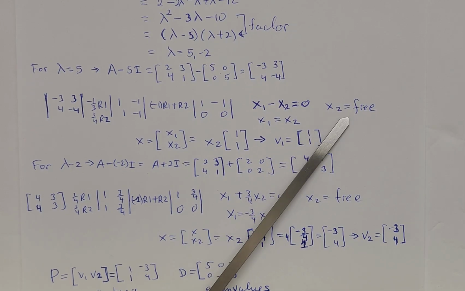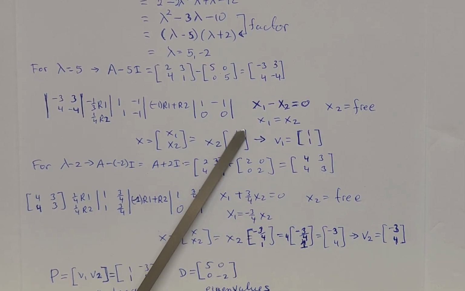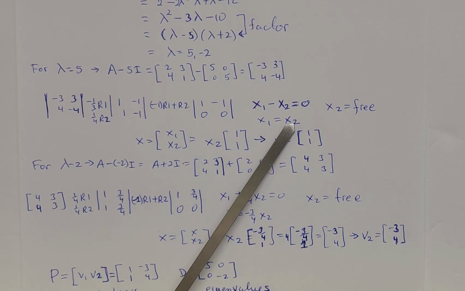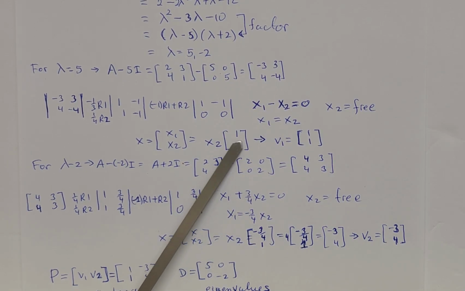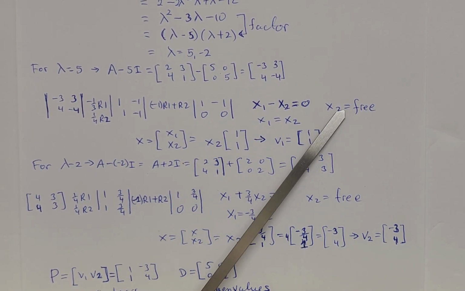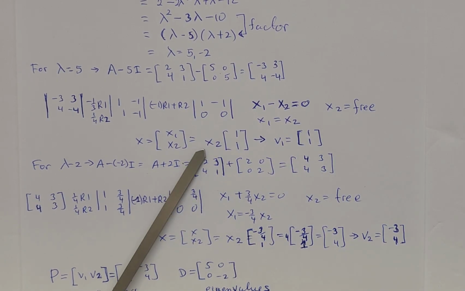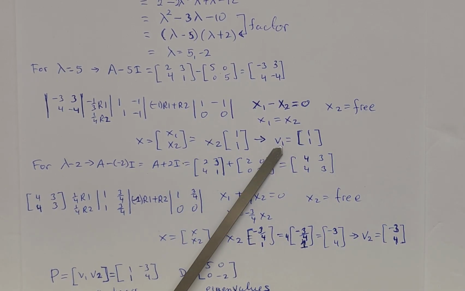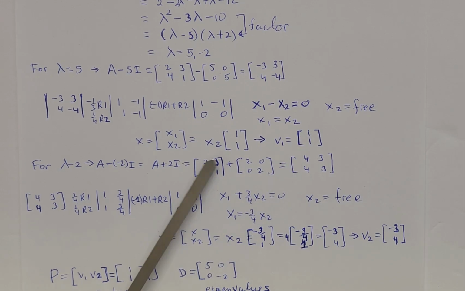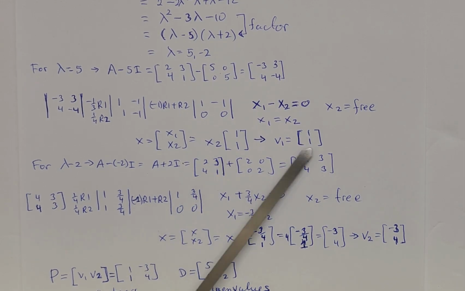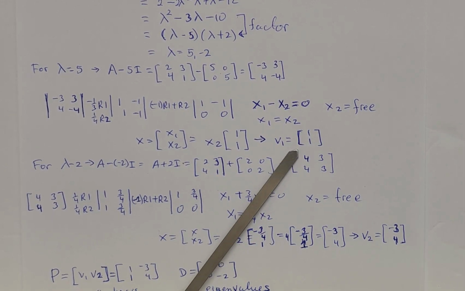I have x2, x2. The first value is this one, and the second value, which is this one, since it is free, is 1. Now we can write this as v1 = (1, 1). If you use this format or this format, it is the same thing.